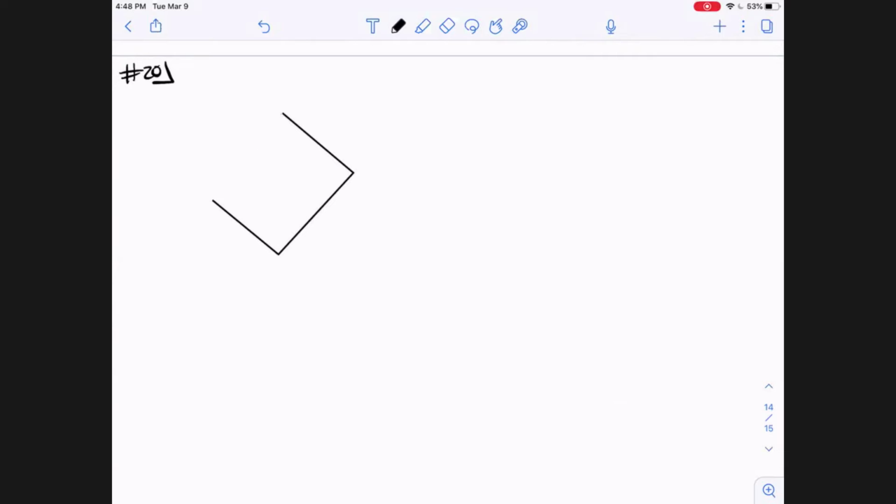I guess I'm messing this up. That's good enough. That's supposed to be a square.